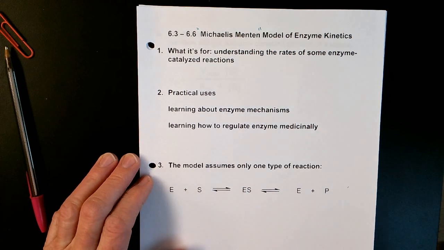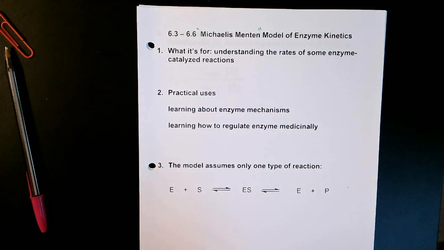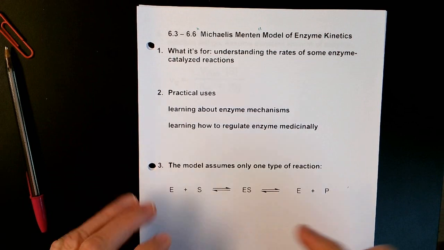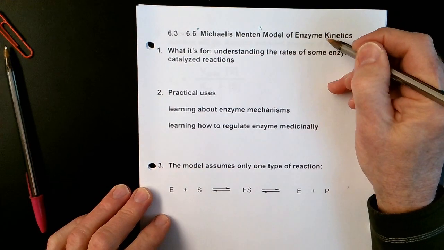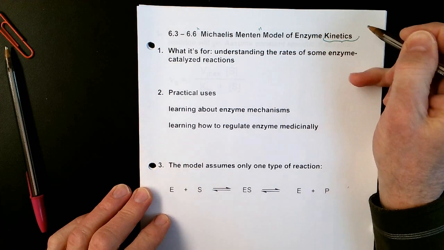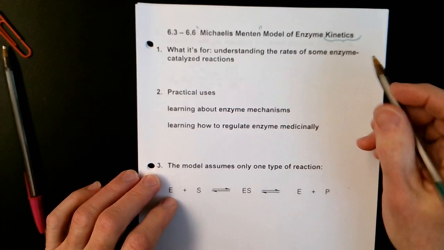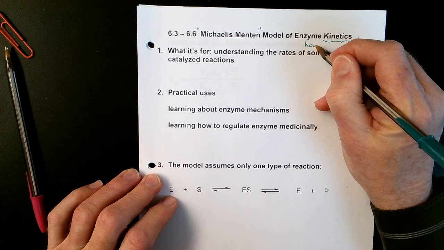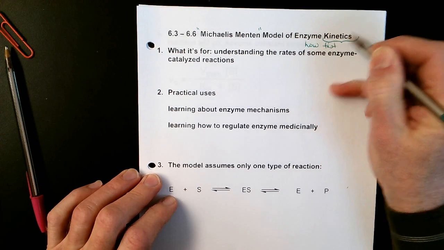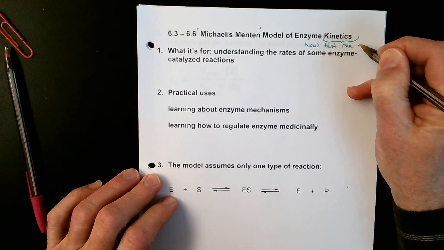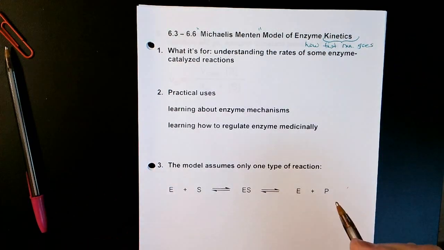But it's the only model of enzyme kinetics that we'll be looking at in this class. And remember, enzyme kinetics, this is not looking at reaction energy, it's looking at reaction rate. So this is how fast a reaction goes. Now we'll talk about some unit for that.